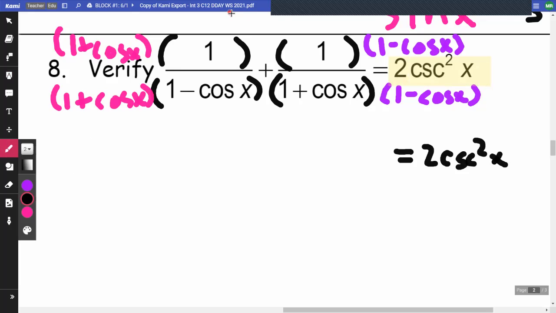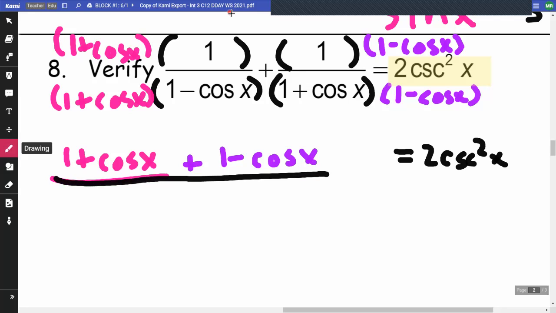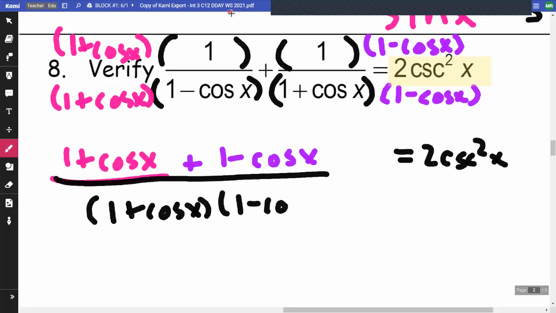Now if I'm looking at the pink, I'm going to have a 1 plus cosine x over, and the second one's going to be a 1 minus cosine x. And again, all of this is over both fractions having a 1 plus cosine x, 1 minus cosine x.